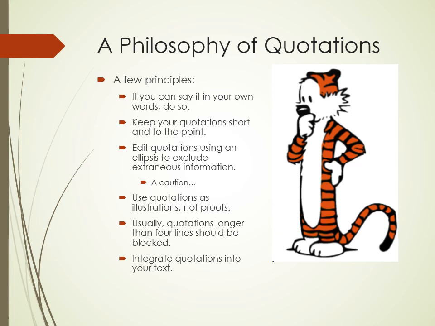But here is a caution about that. You have to be very, very careful, and this is a double-bladed caution. First, when you're using an ellipsis, you have to be very, very careful that you don't change the meaning of the quotation. That is a real problem. People will sometimes take something completely out of context.